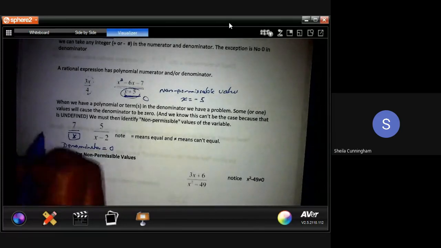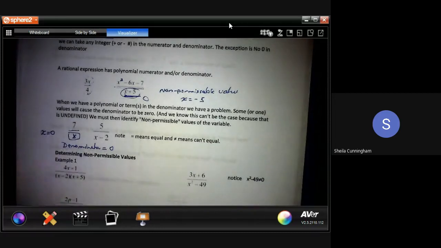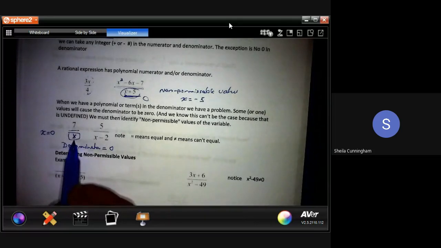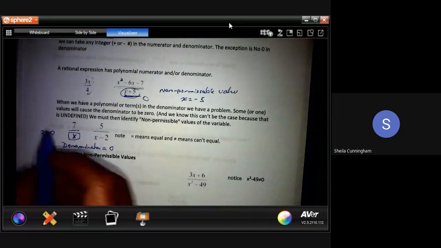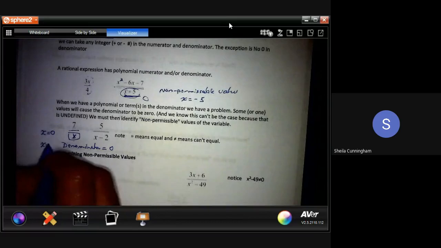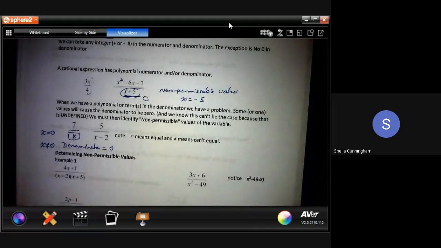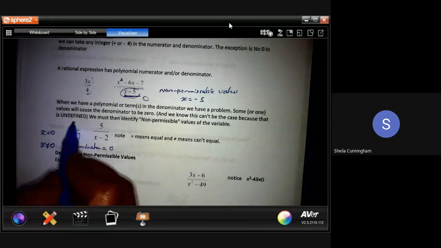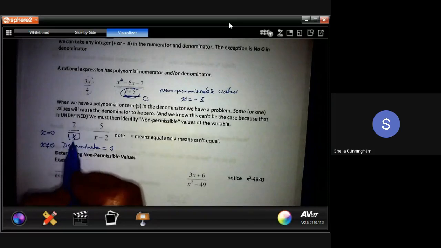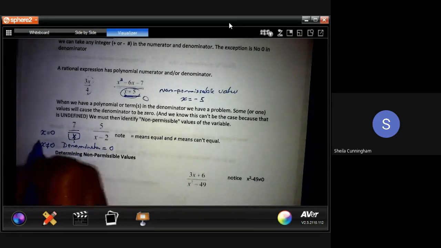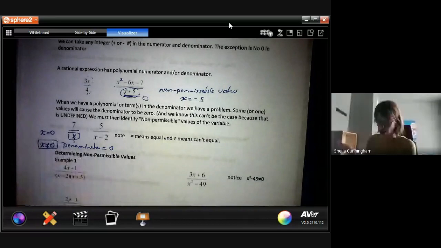In this instance, if I set x equal to 0, my non-permissible value for this fraction is that x can't equal 0, because if it equals 0, I would create an undefined fraction, right? So my non-permissible is where x can't equal 0.